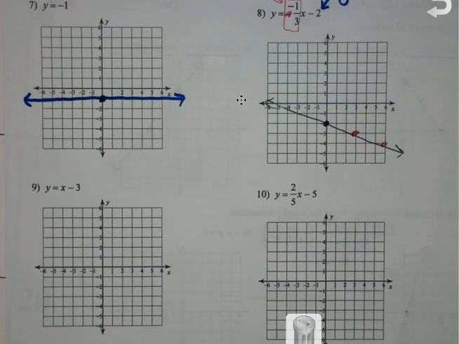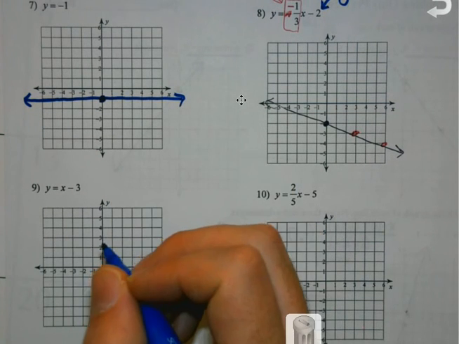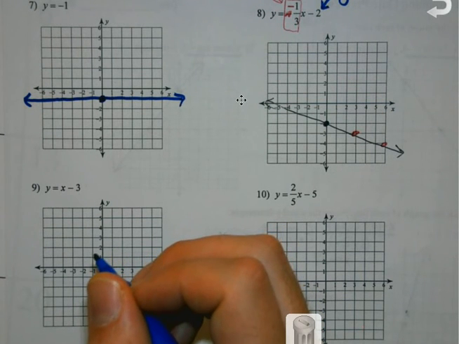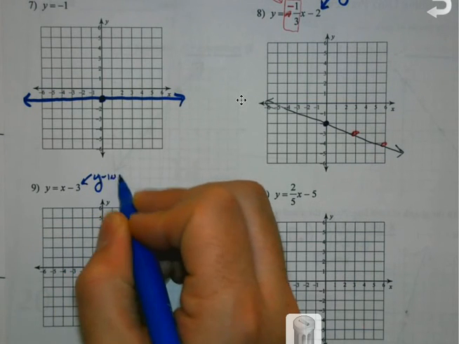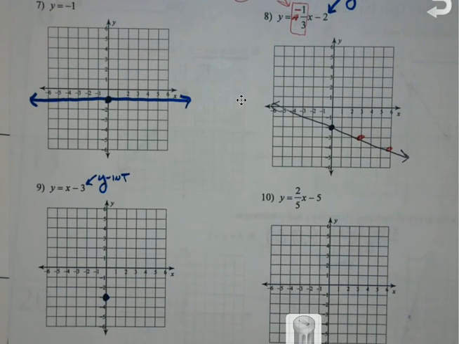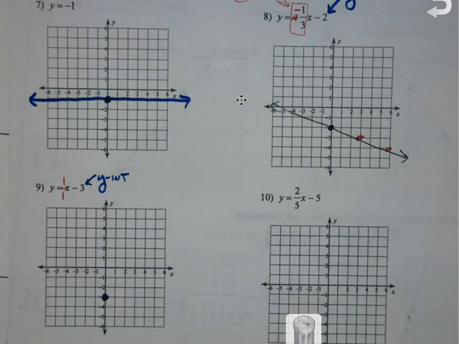All right, let's see. For number 9, what's my y-intercept? What number's hanging out on its own? Negative 3. So I go down 3 and I put a dot on it. Yes, nicely done. If I don't see a number in front of x, it's just 1 over 1.